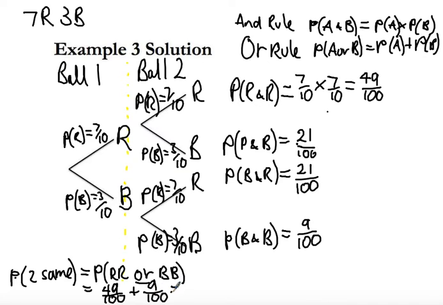And this is where it helps not to cancel the fractions. 49 plus 9 is 58 over 100. This can be rewritten if you want to as 29 over 50.